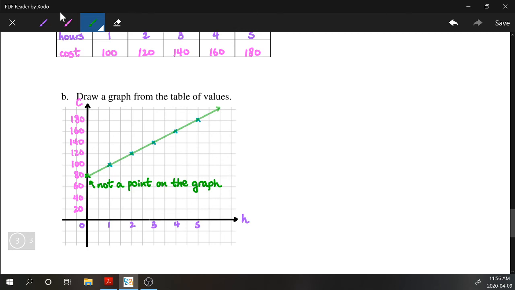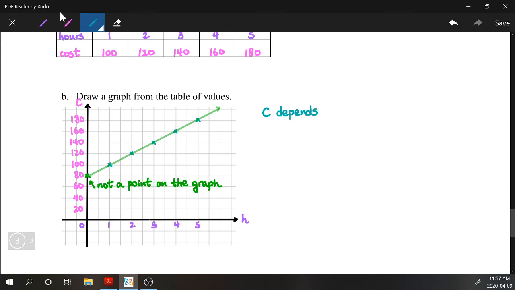Because we can use it to write our equation relating hours and cost together. Now, as an aside, I probably should have mentioned this before: notice that I put the C, which is cost, on the y-axis and the hours, which is h, on the x-axis. That is simply because the cost depends on h.